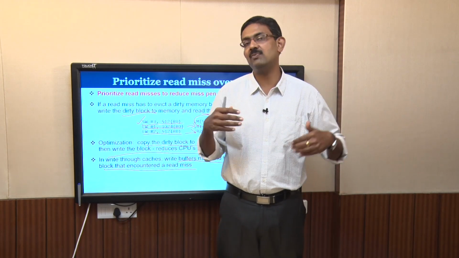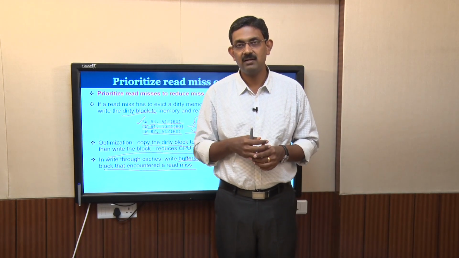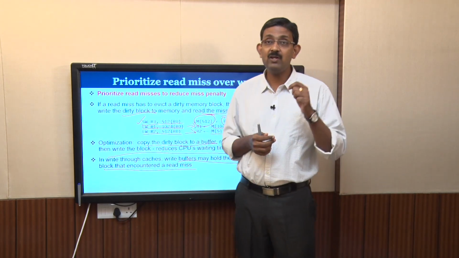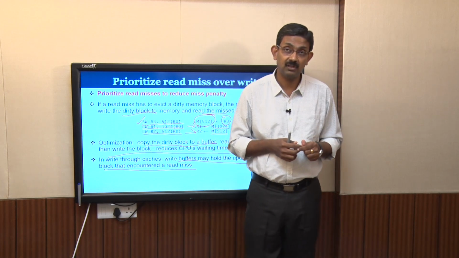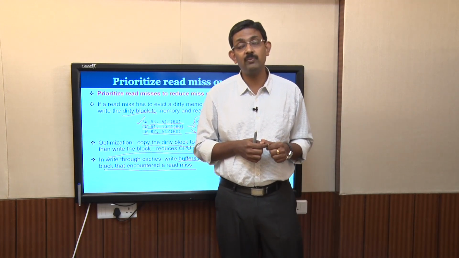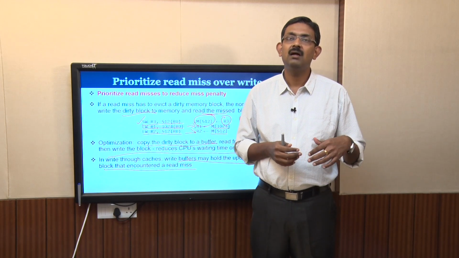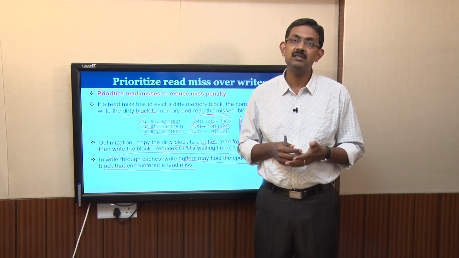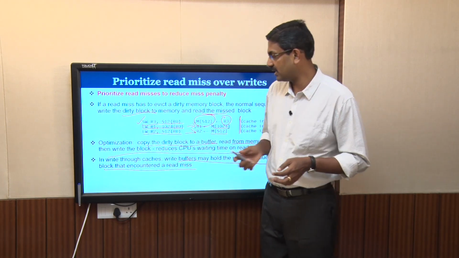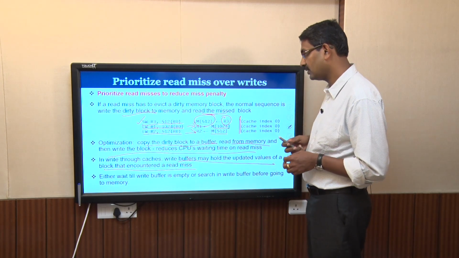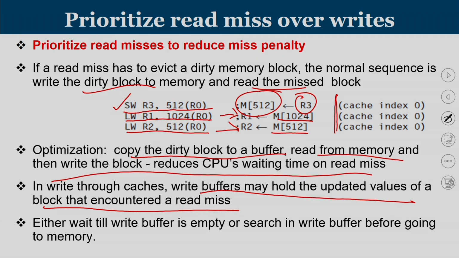As and when the queue is serviced, the contents will be updated in the main memory. So when you encounter a read miss, then rather than directly going to main memory, sometimes the value might have just been written and the block evicted, so it may be present in the write buffer. So searching in write buffer sometimes will help. Either wait till write buffer is empty or search in the write buffer before going to the memory.